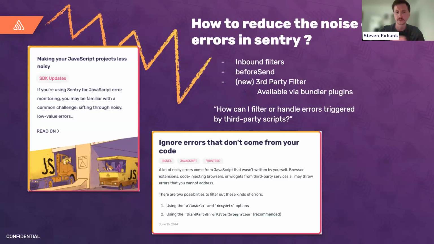And what's cool about that is that functionality allows you to do it in two or three different ways, actually. So one, when you detect that it's third-party JavaScript, you can ignore and discard the error, so it's never sent to Sentry at all. But let's say that you maybe don't want to do that. Let's say that you want to make the decision as to whether or not that's an error that matters.